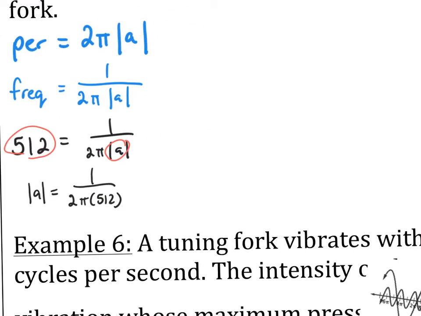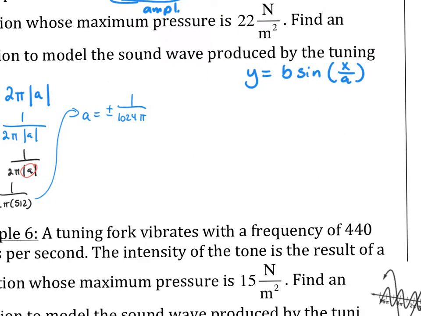And now let's finish it up. That's going to give me A is going to be positive or negative 1 over 1024 pi. So that's what A is. Now, we know that this fraction is going to go into the denominator here. So placing it in the denominator means I'm going to multiply by the reciprocal.